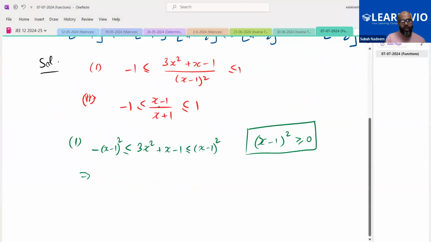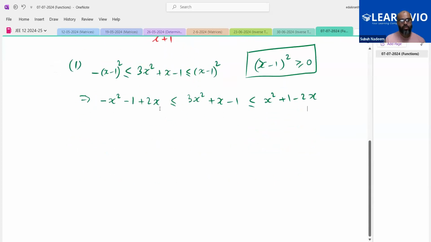So this will give you minus x square minus 1 plus 2x is less than equal to 3x square plus x minus 1 is less than equal to x square plus 1 minus 2x. So this is the condition. Now if we consider these two, it will be 0 less than equal to 3x square plus x square is 4x square, x minus 2x is minus x, and minus 1 and minus 1 will cancel.